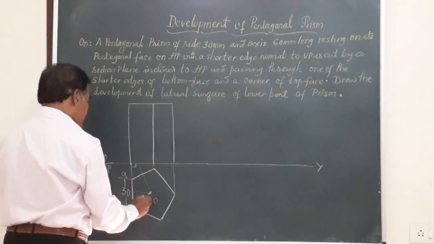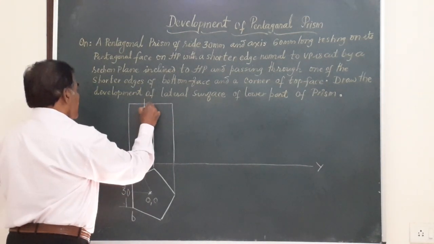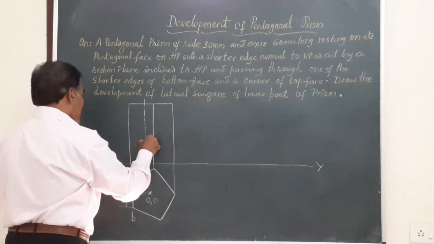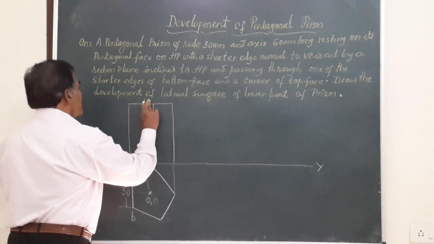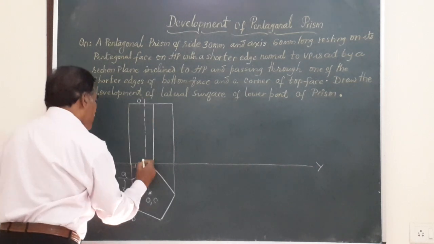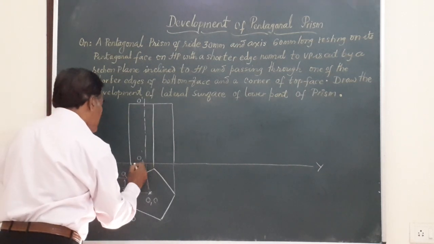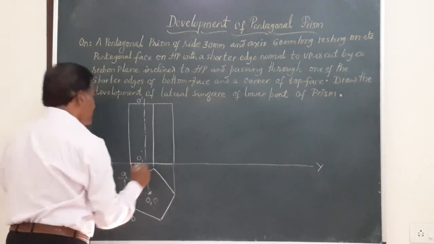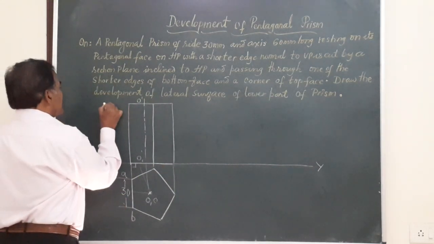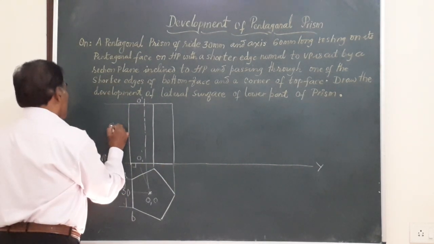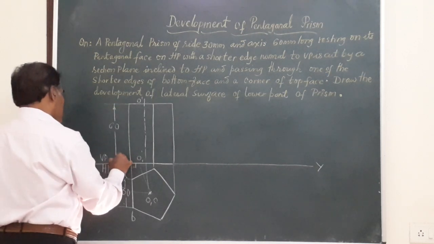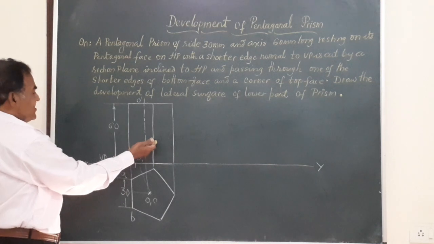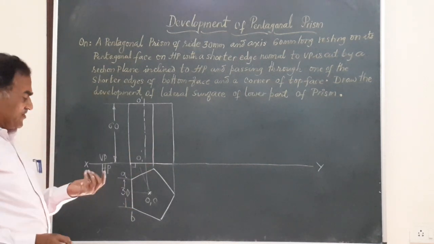So you get one more line here. The center axis I am going to mark here, dash dot, dash dot. So this will go here. And this is O dash, the center of the top face. O1 dash is the center of the bottom face. This is the bottom face. So this prism has a height, or length of the axis, equal to 60 millimeter. So this is the front view of the solid and this is the top view of the solid.